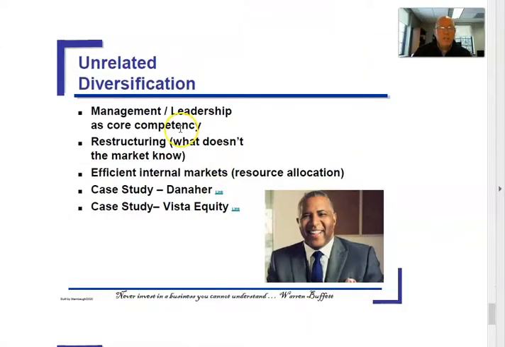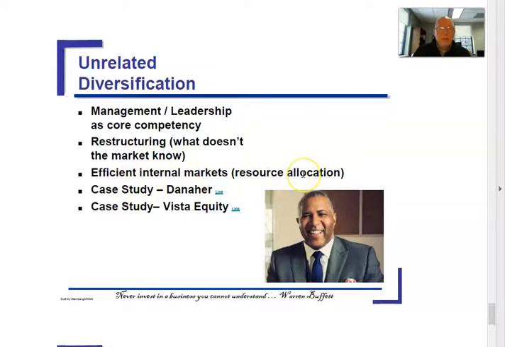Unrelated diversification, several questions. Make sure you understand the principle that they're not trying to share things. In some limited cases, they do, in fact, have management leadership as a core competency, but even then, that's shared from the parent down to the companies, not across the companies. And make sure that you understand efficient internal markets and why these firms think they should be better at resource allocation.